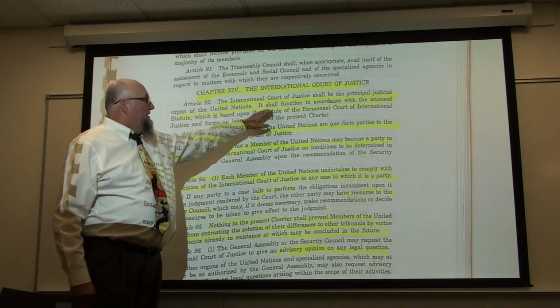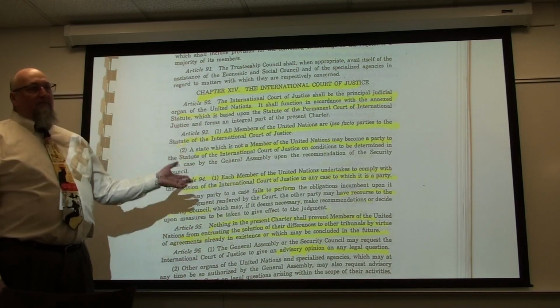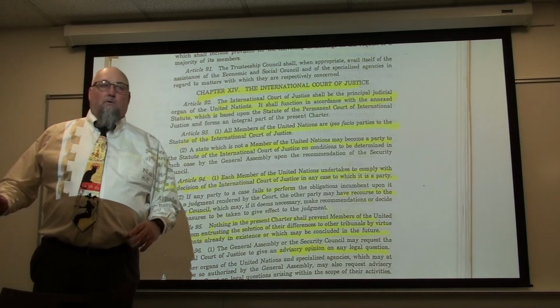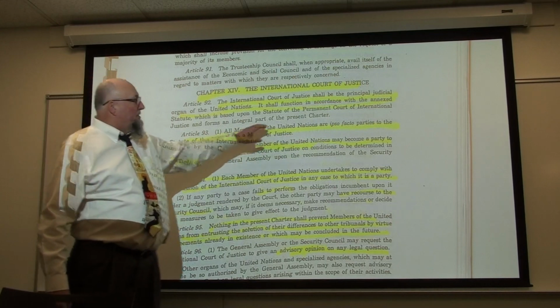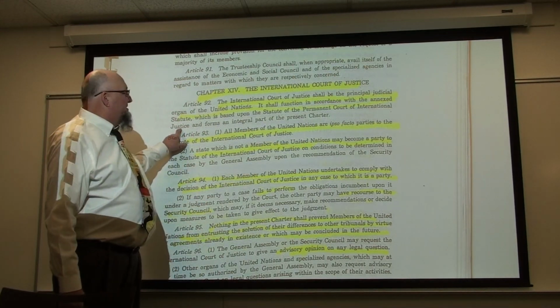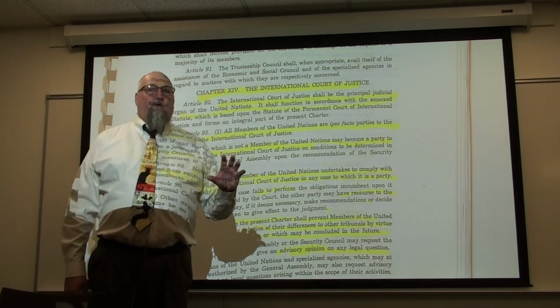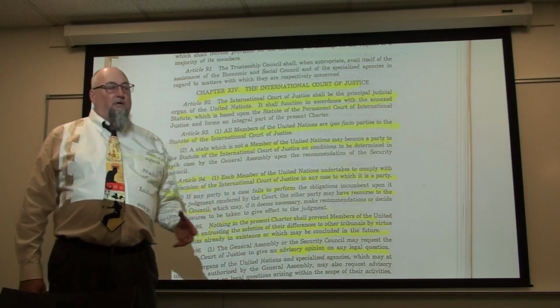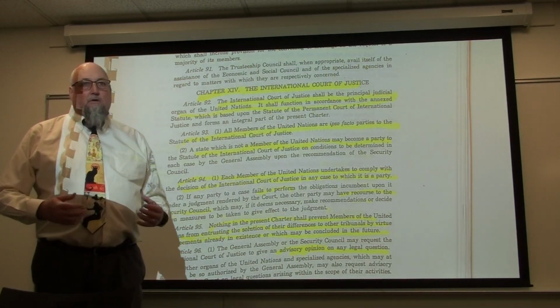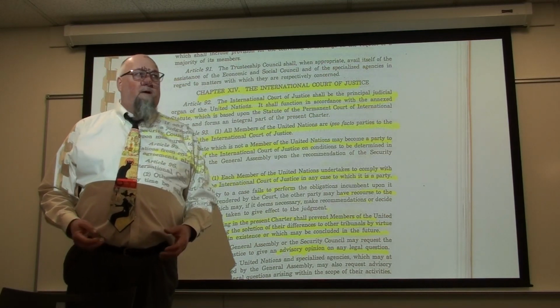It shall function in accordance with the annexed statute of the International Court of Justice, which we'll get to, which is based upon the statute of the Permanent Court of International Justice, which was the background from the League of Nations. The precursor to the UN was the League of Nations, established post-World War I.